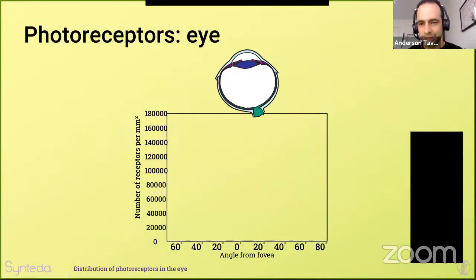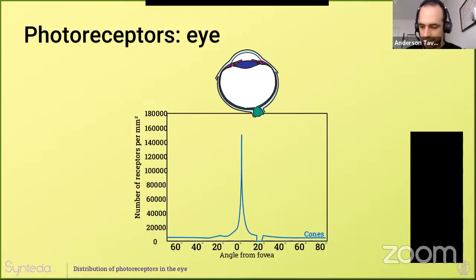The cones and rods are not equally distributed over the retina. In the center, which we call the fovea, we have a large number of cones, so we have a good color resolution in the center where we are focusing.